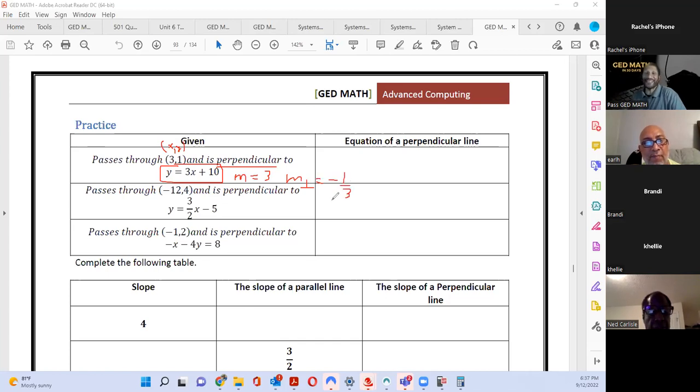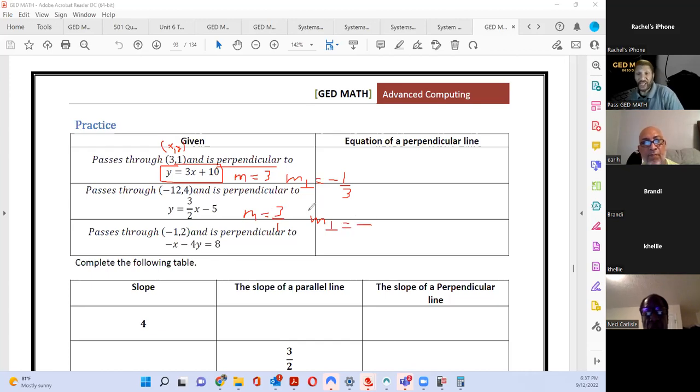Remember, we got to change and flip to find the slope of the perpendicular. So this is where many people make the mistake. Remember, 3 is the same as 3/1. So when we want to find the slope of the perpendicular, the slope of this line is positive, so we change the sign, so we get a negative, and we flip it.